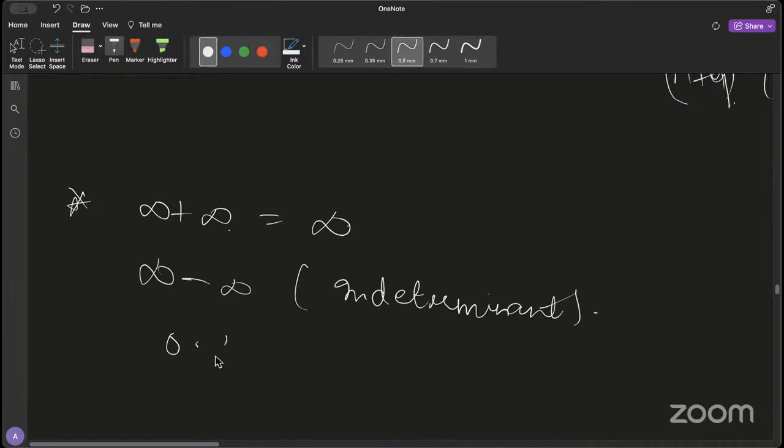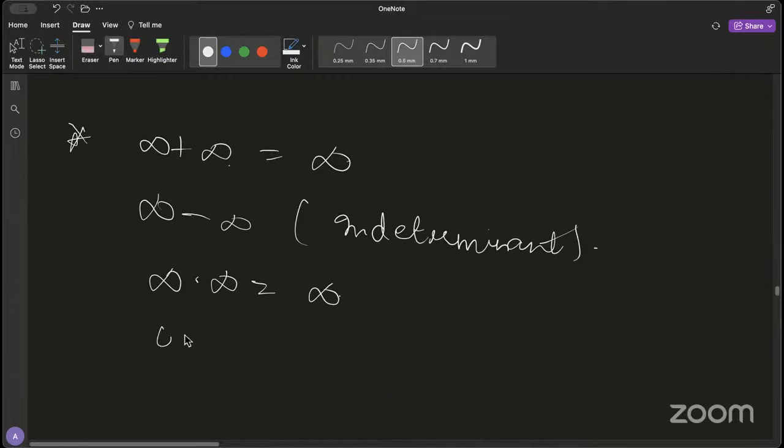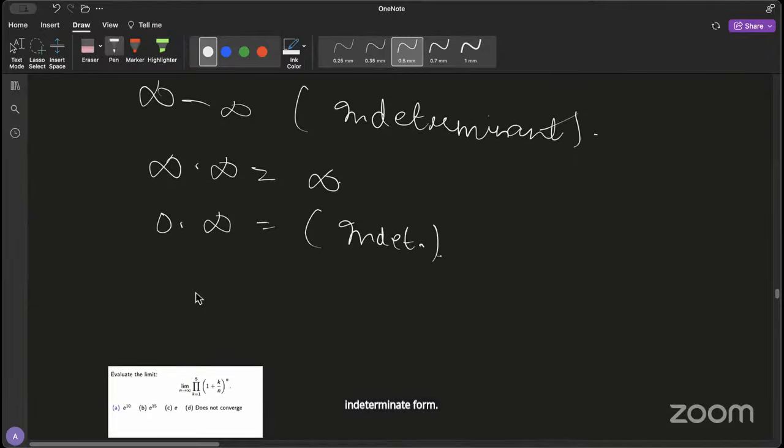Then you have 0 into infinity form, or let's do infinity into infinity form. This is also infinity. But if you have 0 into infinity form, this is a problem. Indeterminate form. If you have 0 by 0 form, that's also indeterminate.